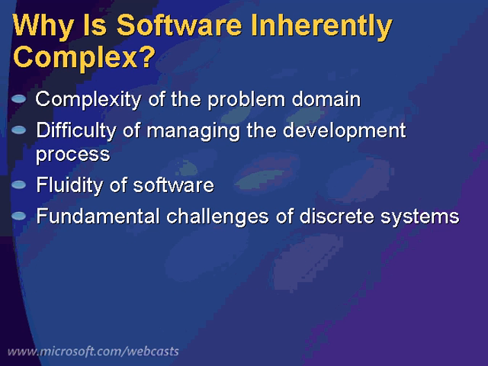So why is software so complex? Well, if you look at the domain today, there's all different types of technology in use and more that are emerging on the horizon. Commonly, it's been difficult to manage the development process. Developers and testers and so forth are a different breed from other folks in the business world.